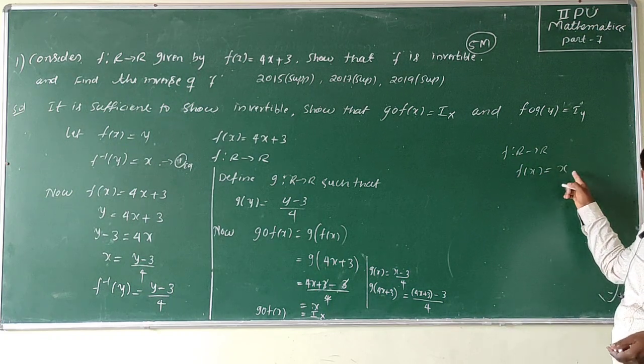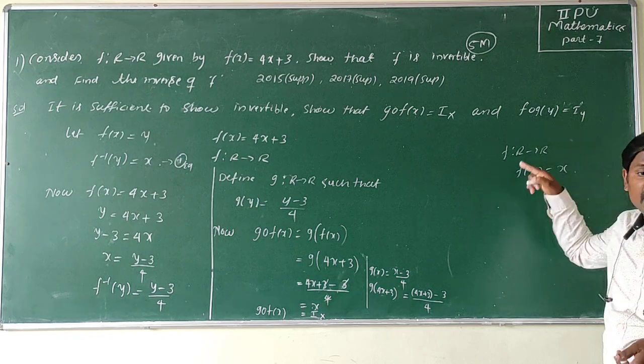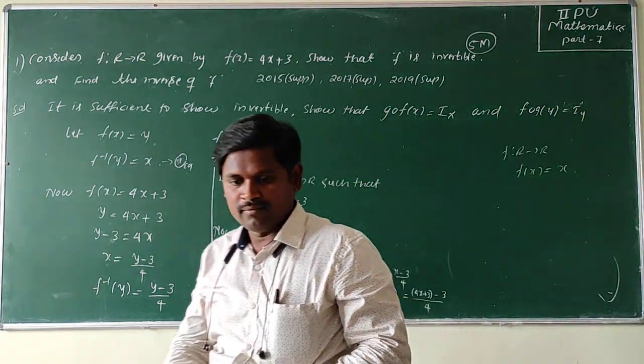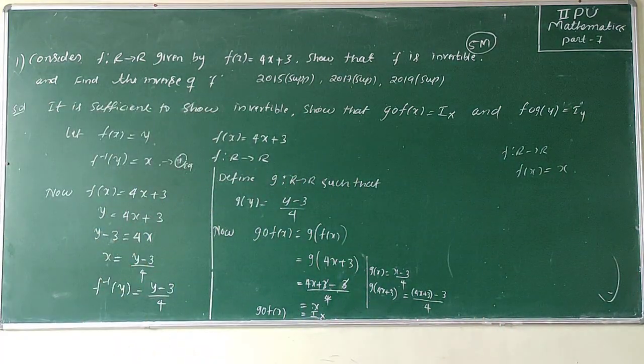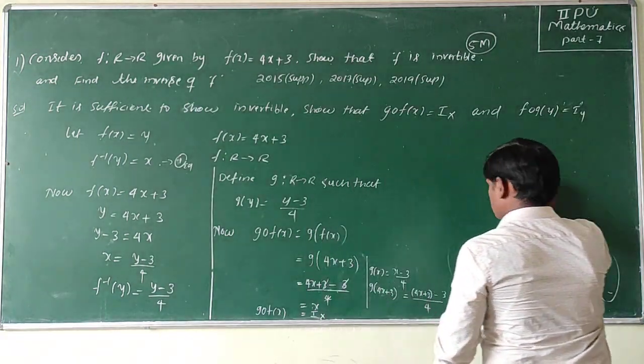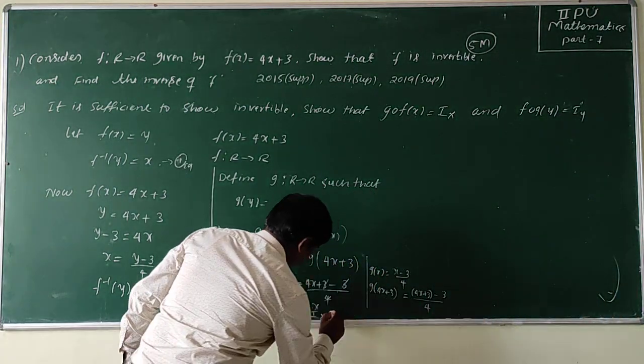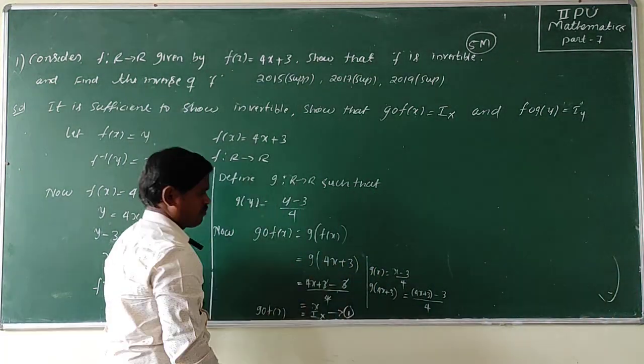Input is x, output is x. That is called the identity function. So this is taken as equation 1.